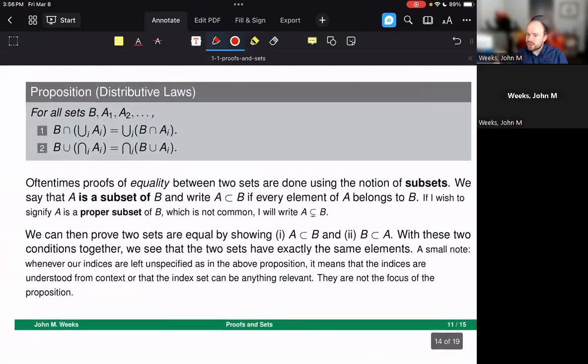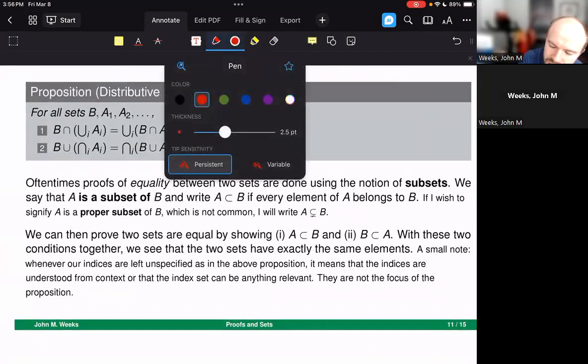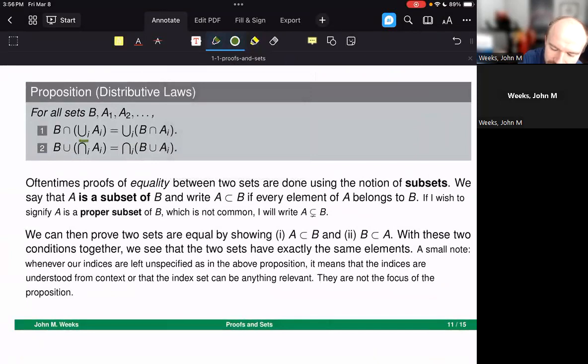Now, distributive laws are things that we're going to go ahead and just say are true, but we could actually go through and prove these things are true. Here are what those distributive laws look like. Notice that here I don't actually specify if i goes from 1 to n, or i goes from 1 to infinity, or if it's just the intersection of two sets.